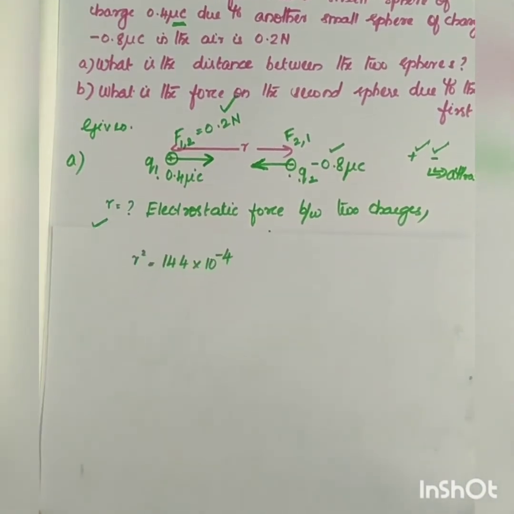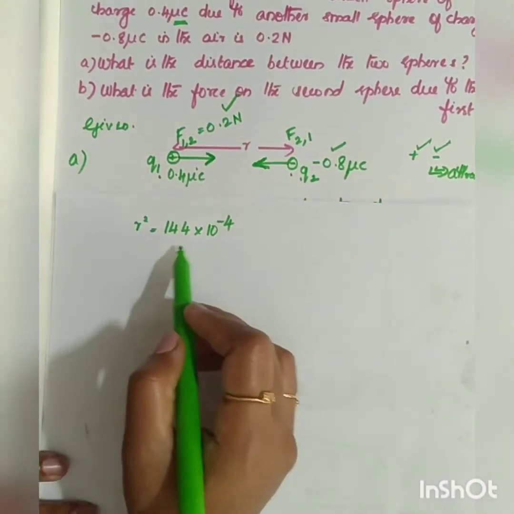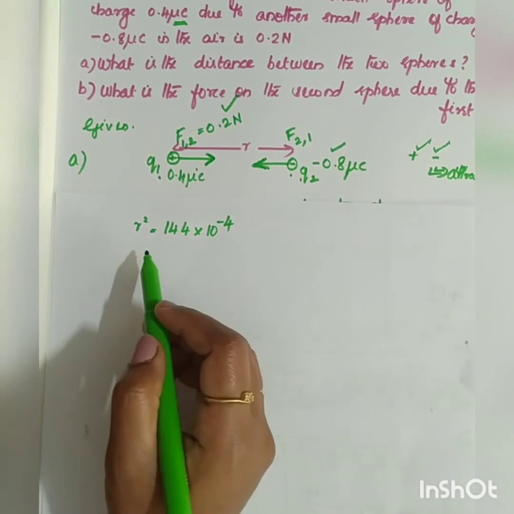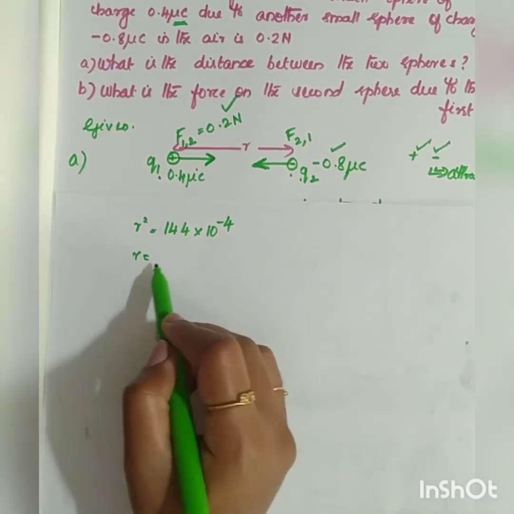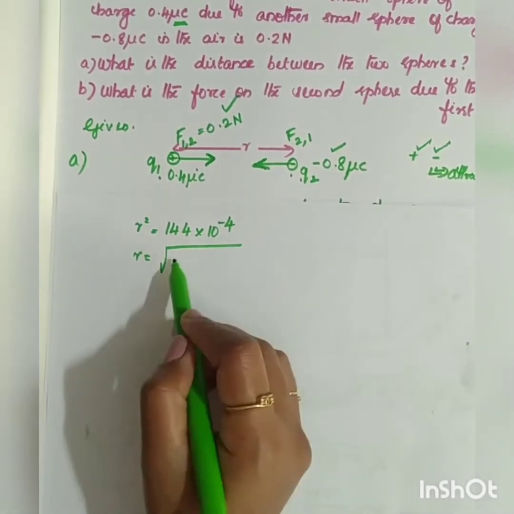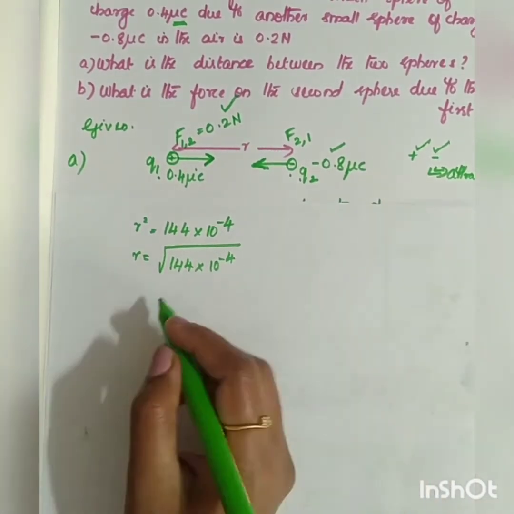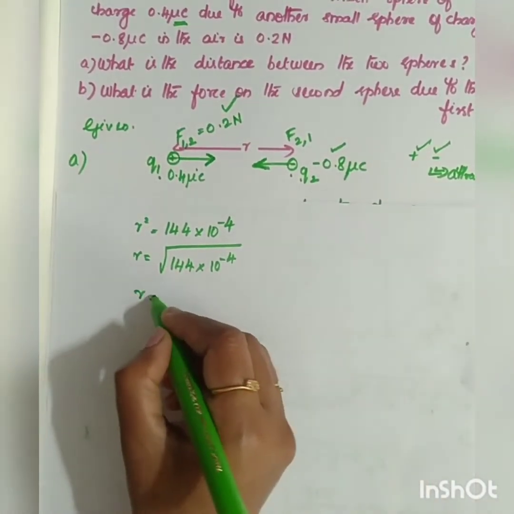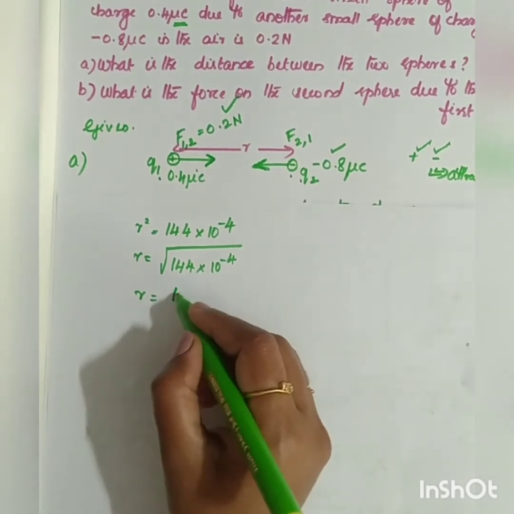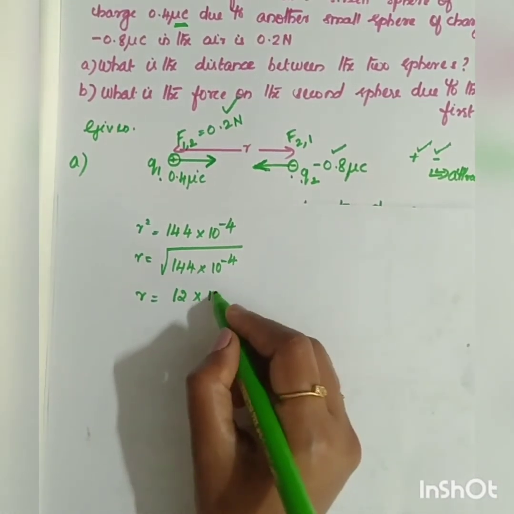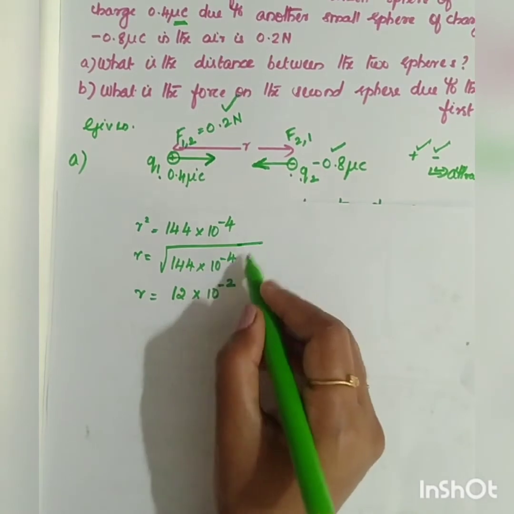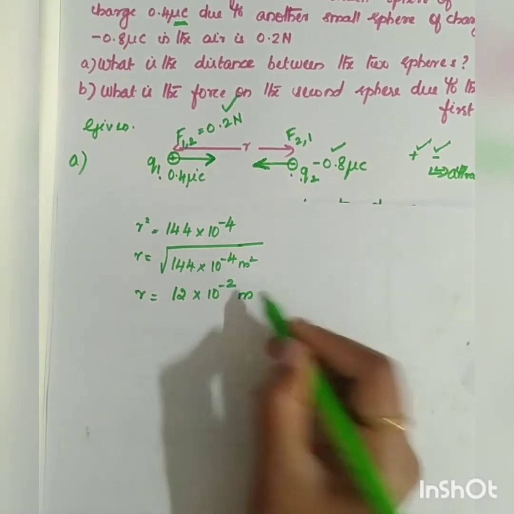So now what is your r square? R square is equal to 144 into 10 raised to minus 4. So what will be your r? R will be equal to root of 144 into 10 raised to minus 4. Okay, so what is your r value? Root of 144 will be nothing but 12 into 10 raised to minus 2. So here it is meter square, right? So you will be getting meter.